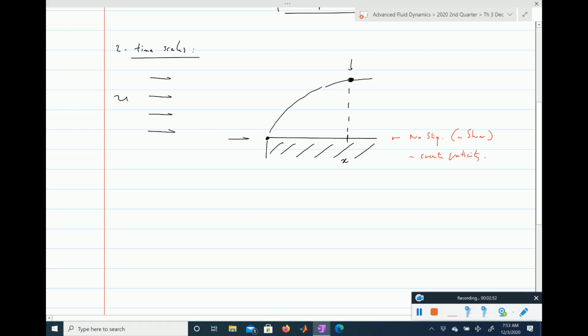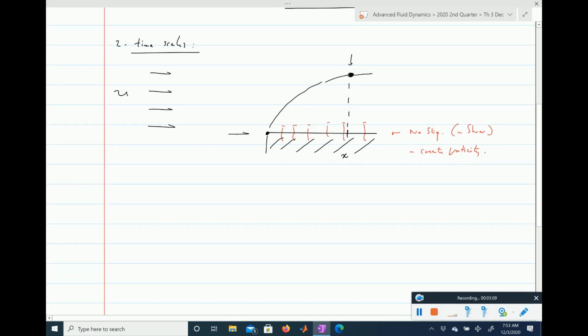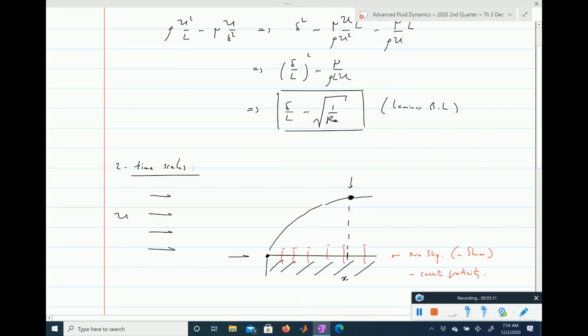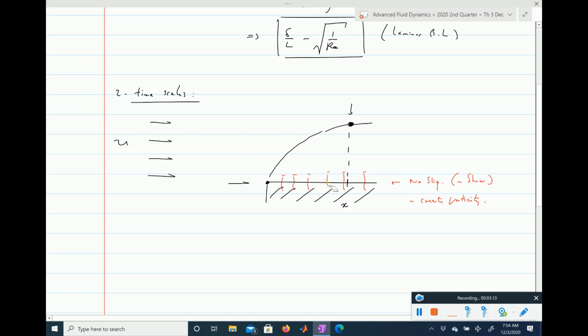The first mode of vorticity transport that we've discussed is diffusion. So from being created at the interface, the vorticity is going to start to penetrate inside of the flow domain via diffusion.